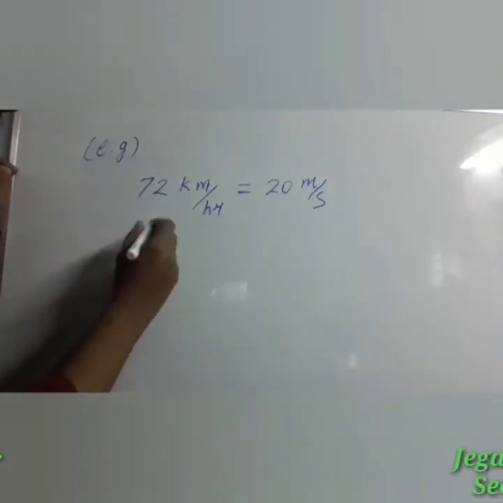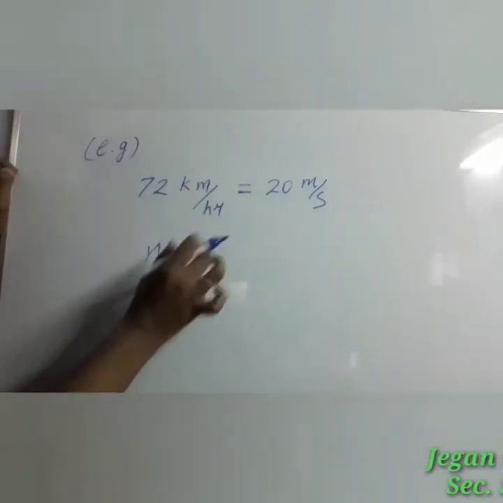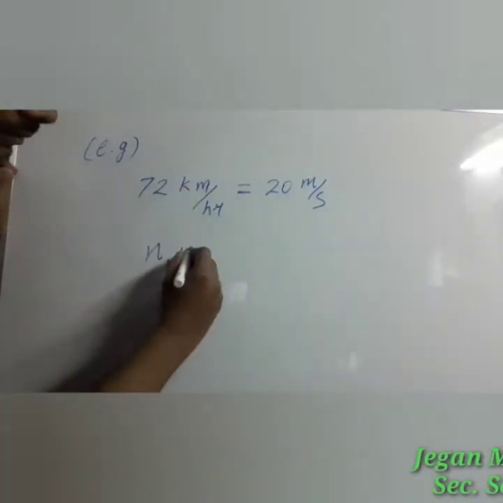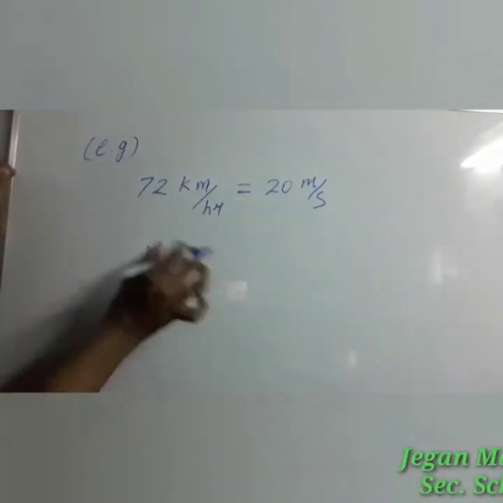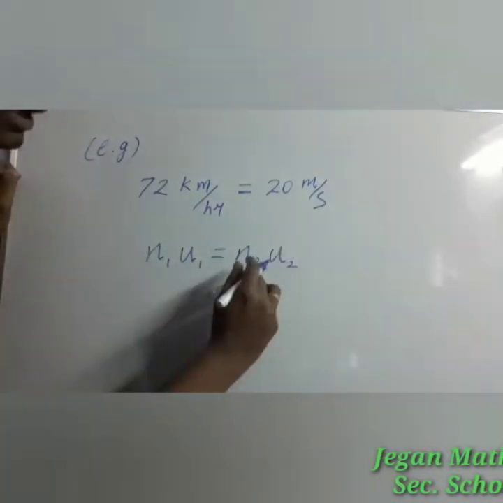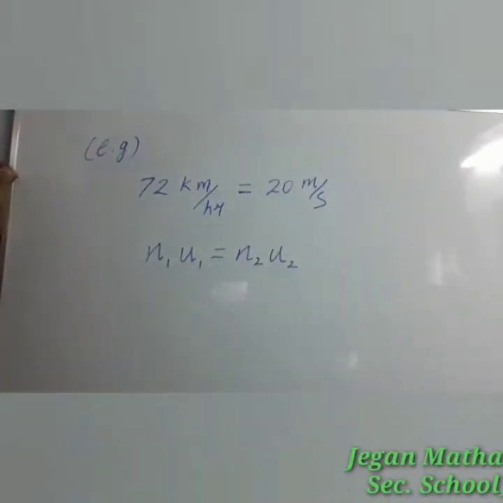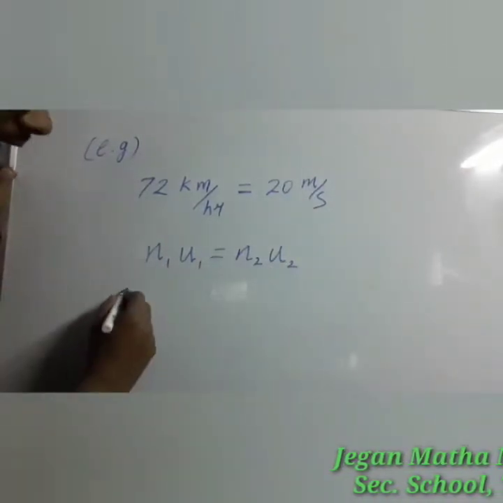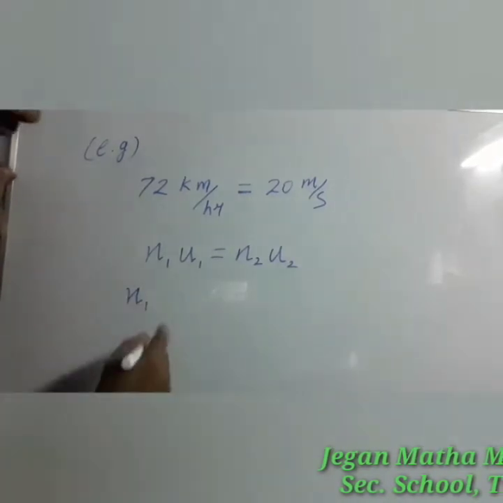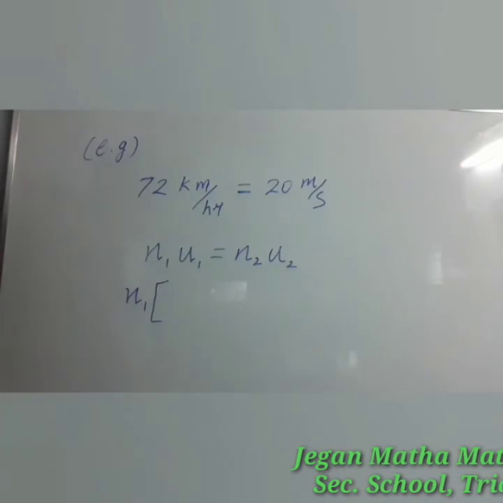Here 72 is a numerical value. In general, I am going to write the numerical value in the first unit, n1 u1, that will be equal to n2 u2. n2 is nothing but 20, the numerical value in the second system of unit, meter per second, u2. With respect to dimensions, n1 is the numerical value as it is. What is the dimension for velocity?